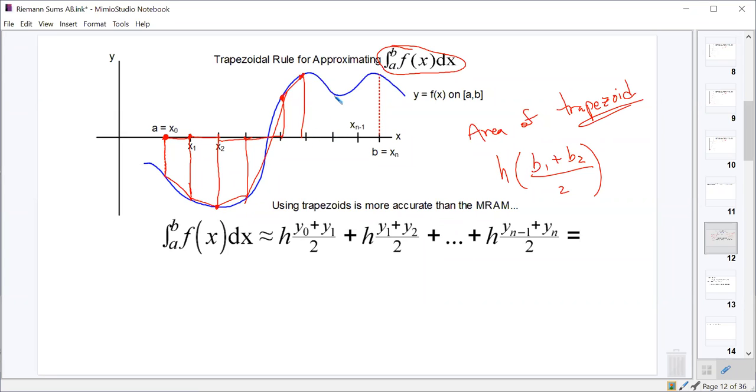Same thing here, and here, and here, and there. Everybody sees all the trapezoids in there?